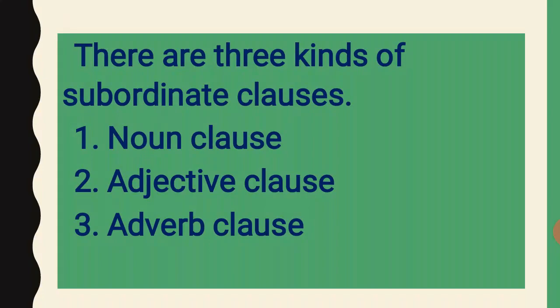Why is it called a dependent clause? It is depending upon the other clause. For example, if there is a sentence that has two clauses, one is the main clause and the other is the subordinate clause. One has a complete meaning, the other one has no complete meaning. So without complete meaning, it depends on the main meaning of the sentence. That is why it is called a subordinate clause and main clause.